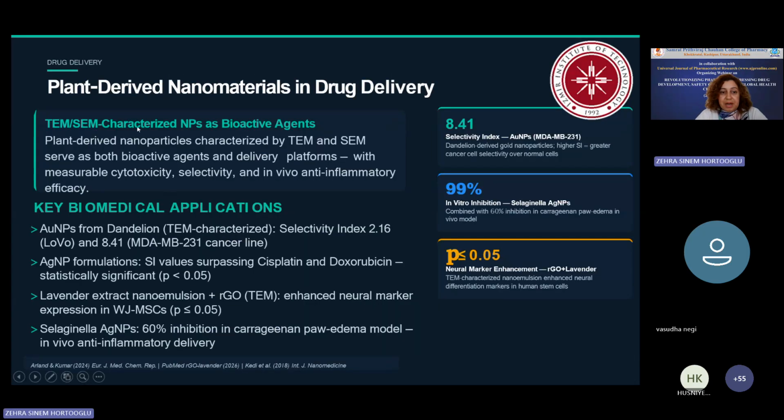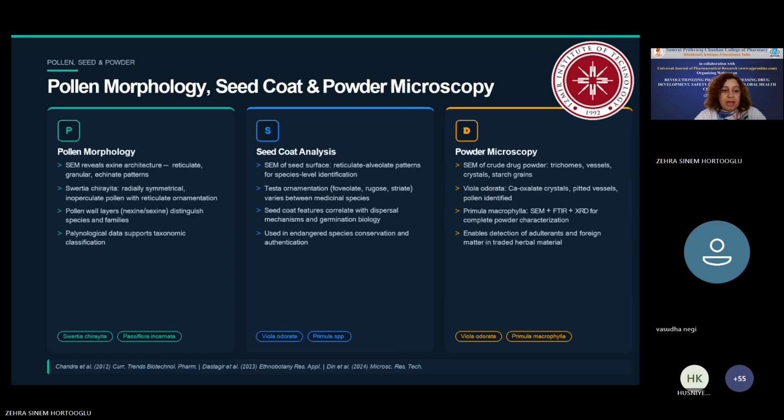TEM and SEM characterize nanoparticles as bioactive agents. Plant-derived nanoparticles characterized by these methods serve as bioactive agents and delivery platforms with measurable cytotoxicity, selectivity, and in vivo anti-inflammatory effects.